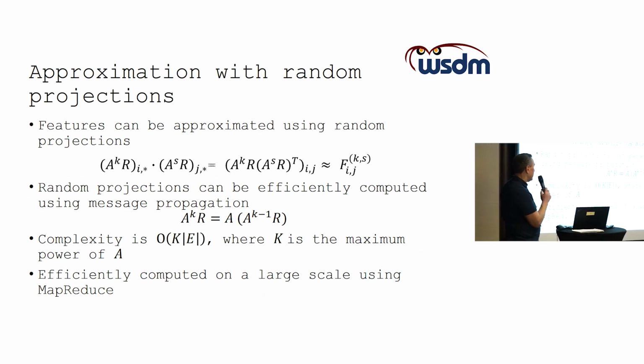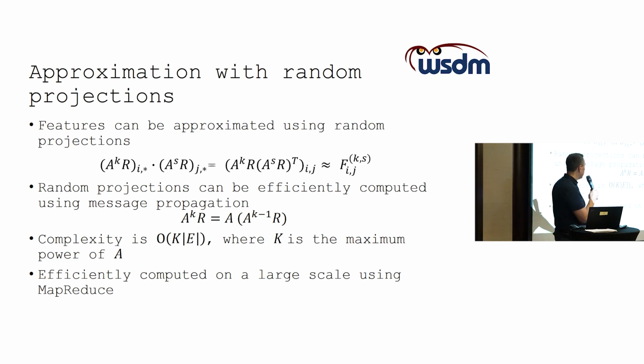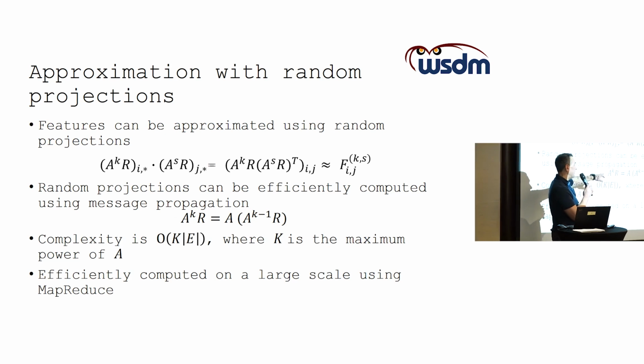Thank you for the question. Here we are not instantiating the powers of the transition matrix. Essentially we are producing the product of the random projection by the power of the transition matrix, and that can be achieved by this multiplication. So effectively it is message passing through the graph, and it does not involve actual matrix multiplication.